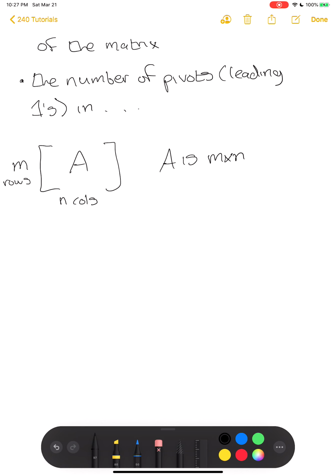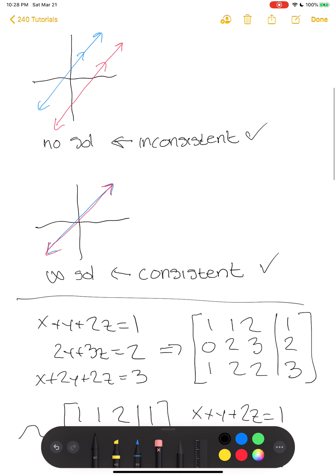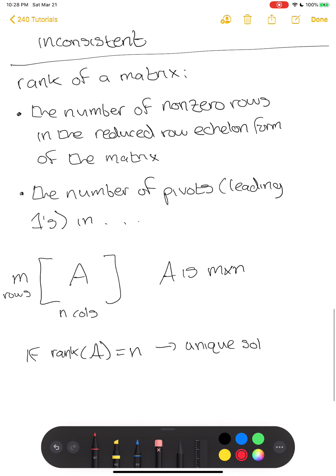We can say that if rank of A is equal to the number of columns, which means that I have a leading one when I row reduce this in every single column, then I should see a unique solution. Just as an example, this is obviously not a way to prove it, but here we saw that we had a leading one, or we could get a leading one in each of our columns here, and that gave us a unique solution. So that's just an example.